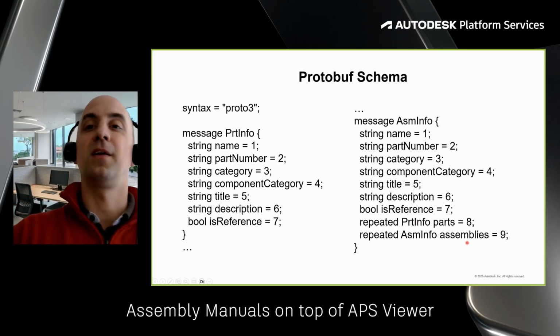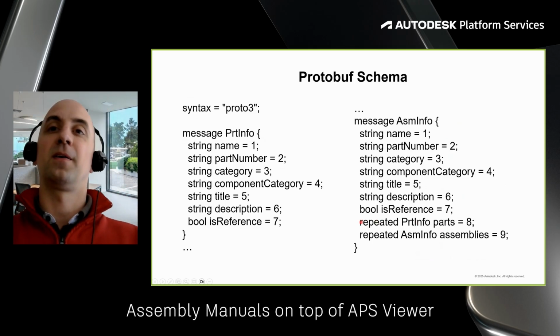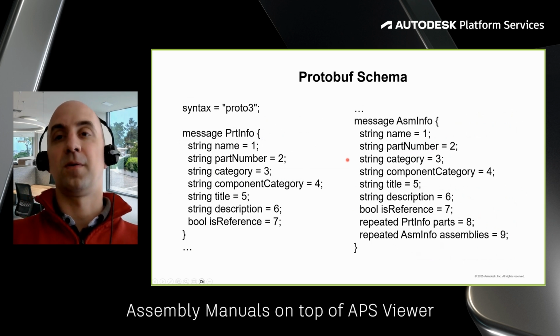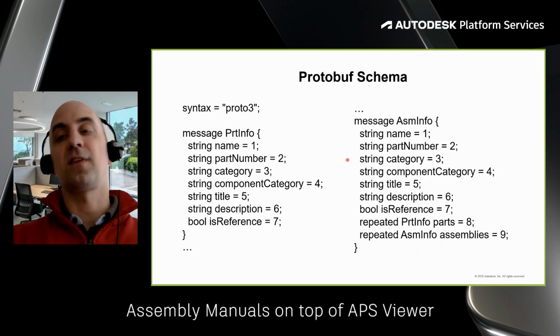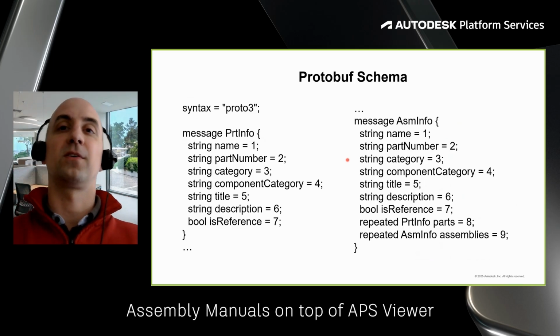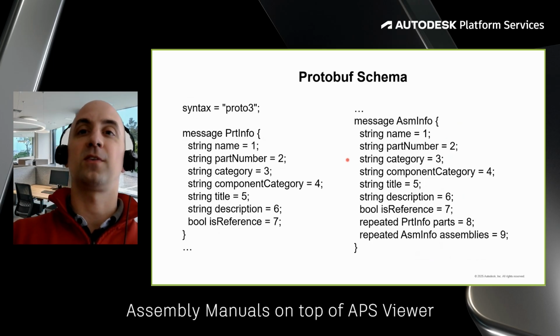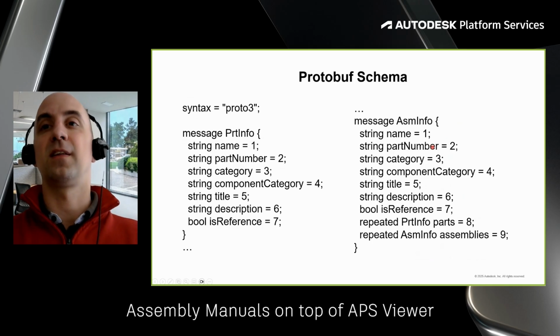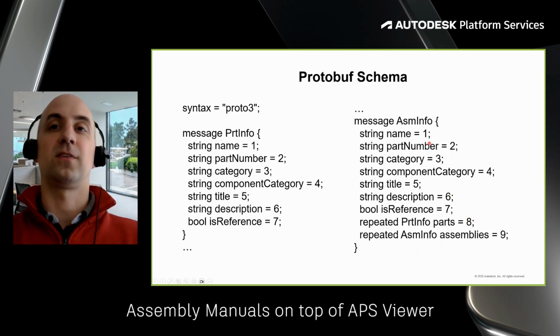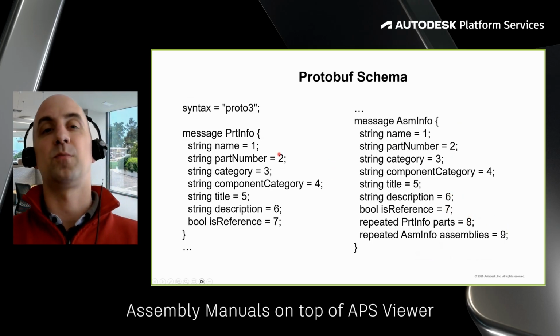So that's how, with the repeated keyword, you represent not only collections like lists, but also a recursive data structure. So it's a rather simple protocol. And the key idea here is that every single property name is replaced with these numbers here. So in the binary, they're encoded really just as numbers, not as the property names.